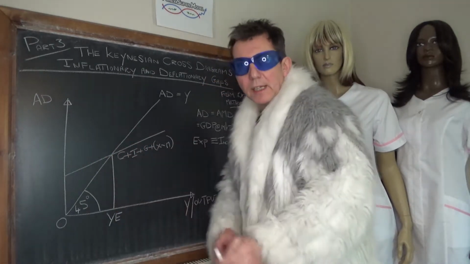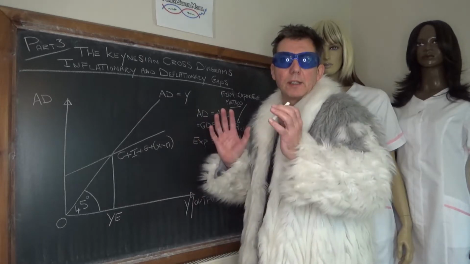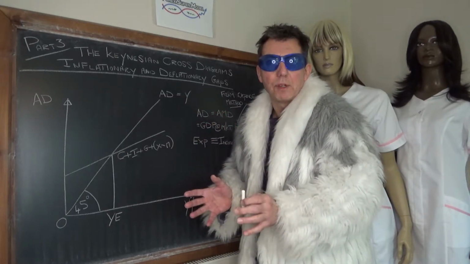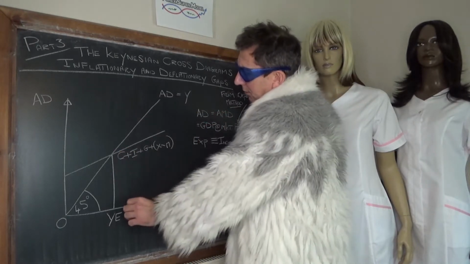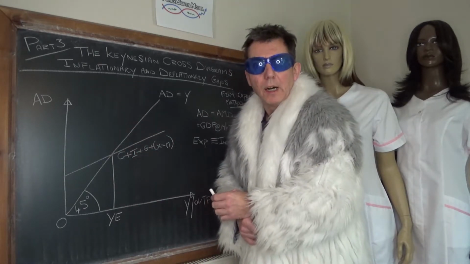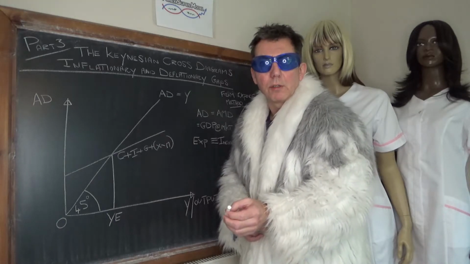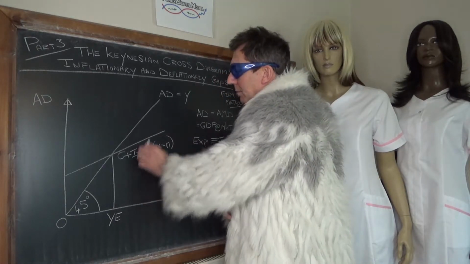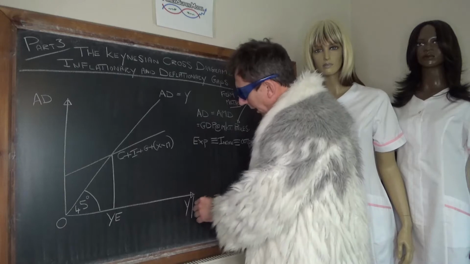But the thing is, the economy can be at equilibrium in terms of aggregate demand and income, but that may not be a desirable point in the economy. For example, it may be below full employment or output.